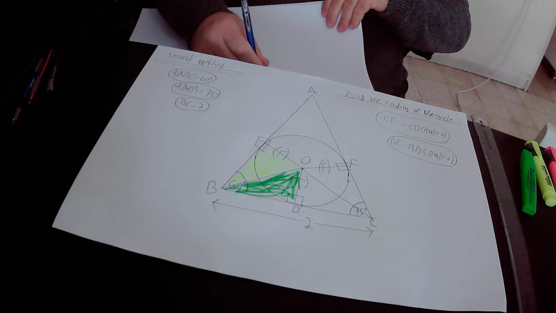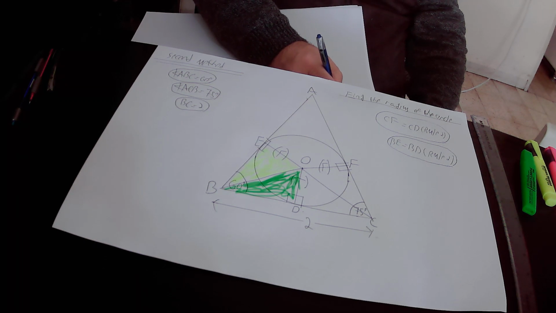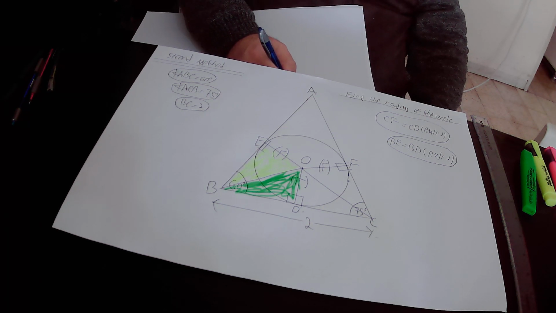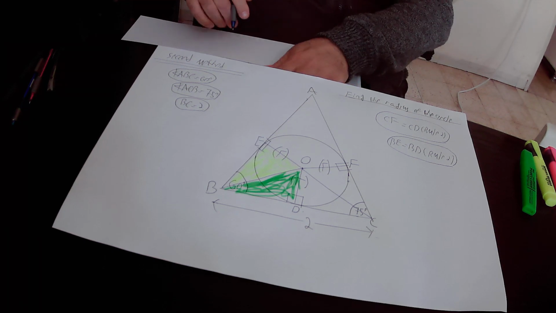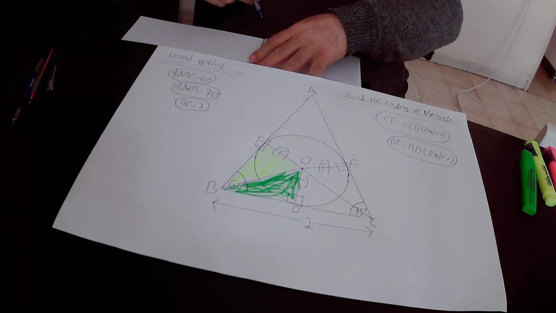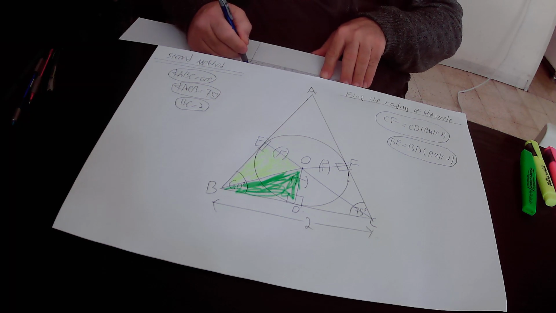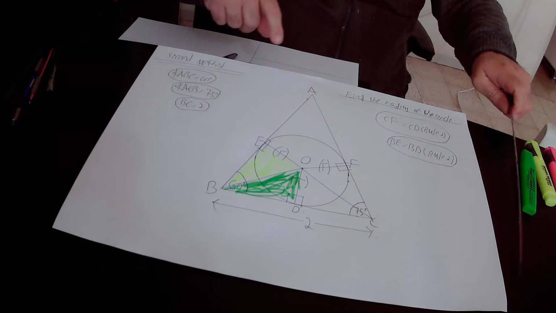We prove that the green right triangle BOD is congruent to the right yellow triangle EOB. So, why the yellow triangle congruent to the green triangle?